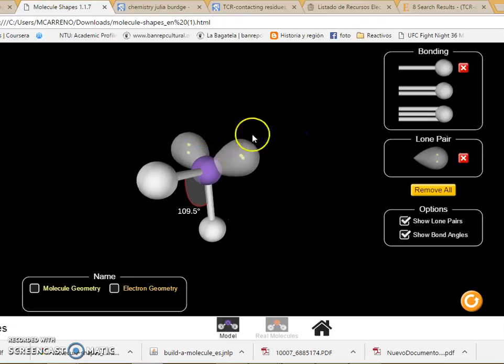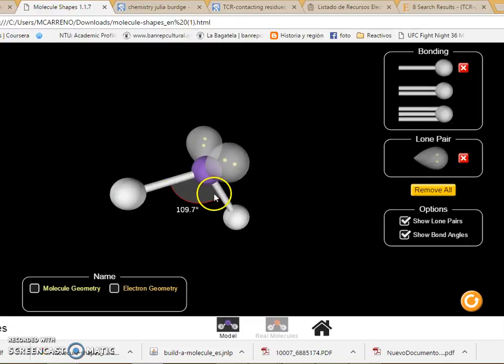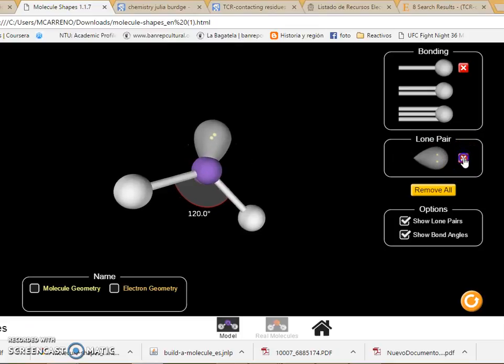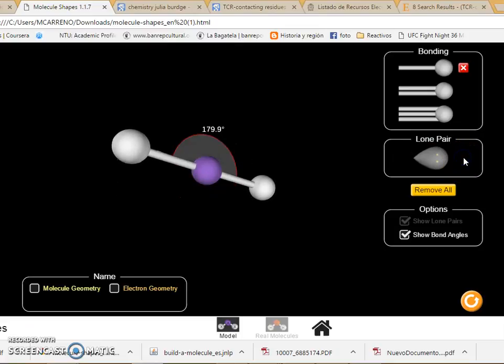The electrons are distributed in a tetrahedral shape, while the atoms are just bent. But these lone pair electrons will push the atoms to be joined together rather than being 180 degrees.